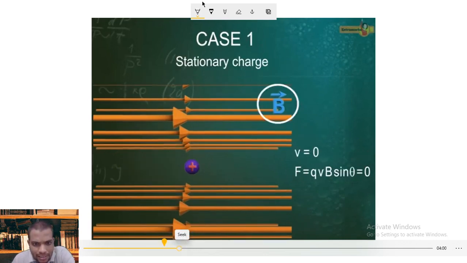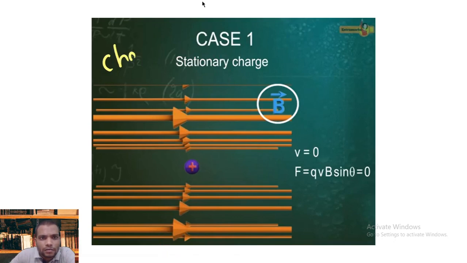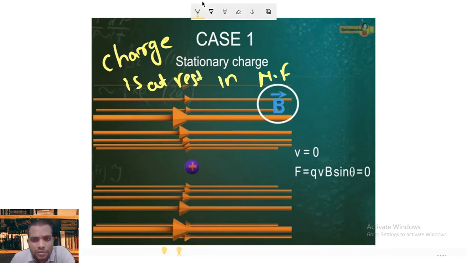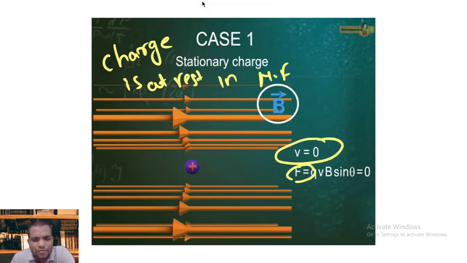Correction, that's not the theta equal to 0 case. For the first case, if the charge is at rest in the magnetic field, the velocity component equals 0, so the charge does not experience any force.